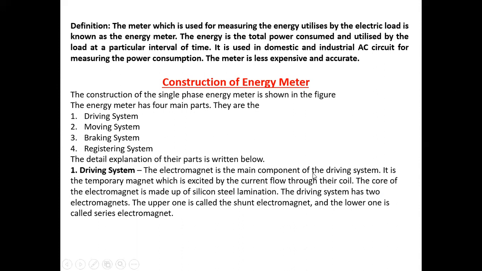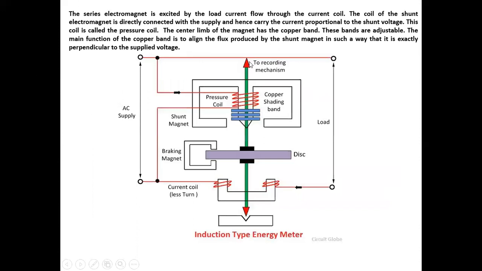The construction of energy meter. This is an induction type energy meter. In that there are two magnets, shunt magnet and series magnet. Also, they have two coils.